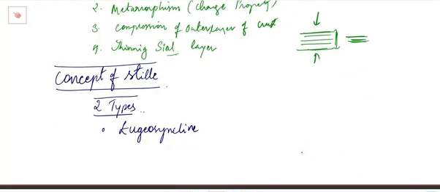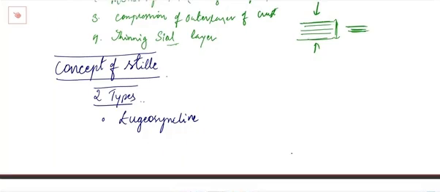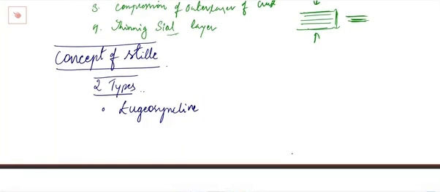Then next we'll see the concept of Haug. Haug subdivided geosynclines into two categories. The first one was the eugeosyncline.